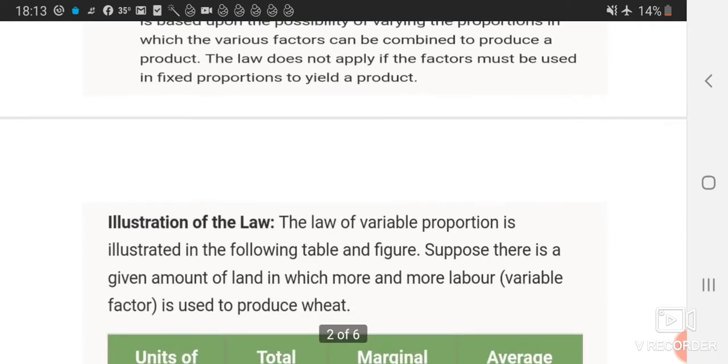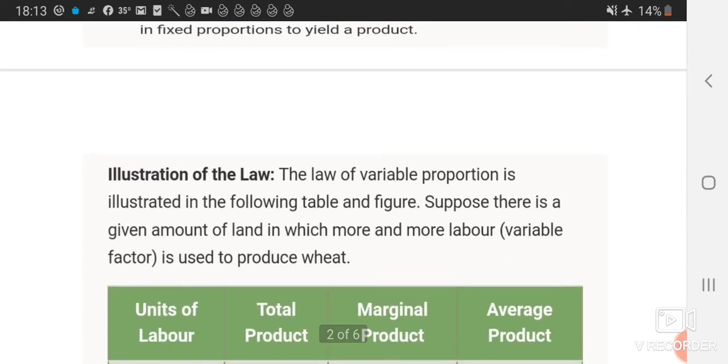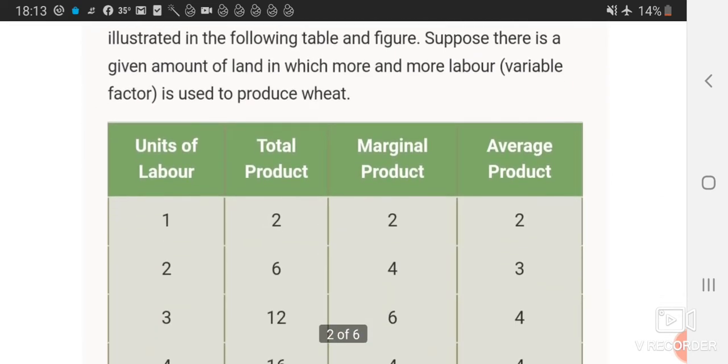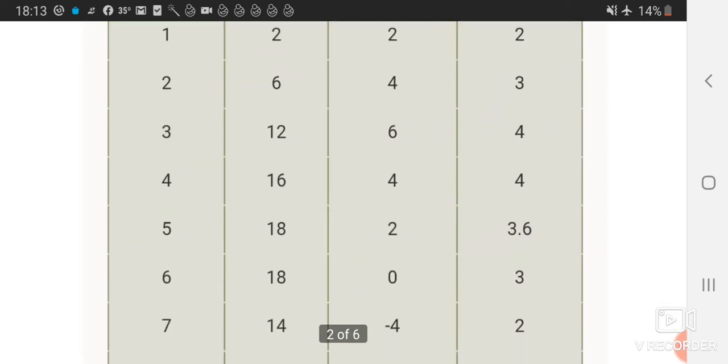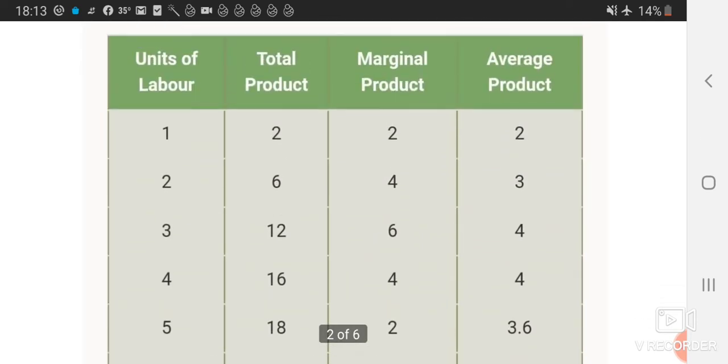Now move to illustration. The law of variable proportion is illustrated in the following table and figure. Suppose we have units of labor 1 2 3 4 5 6 7 8, and if we use 1 unit of labor, the total production is 2. When we use the second unit of labor, then the total production is 6.